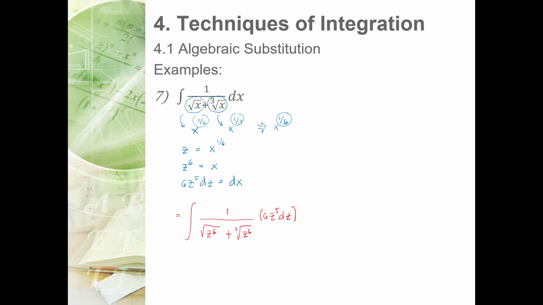Let's remove 6 outside of the integral symbol. The numerator is now z to the power of 5 dz. Again, the square root of z to the power of 6 is z cubed, and the cube root of z to the power of 6 is z squared.